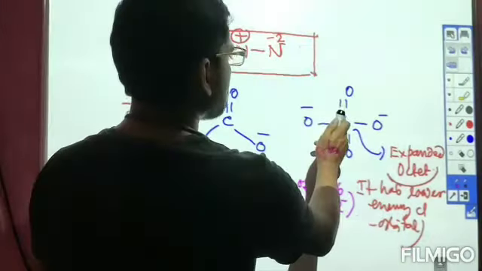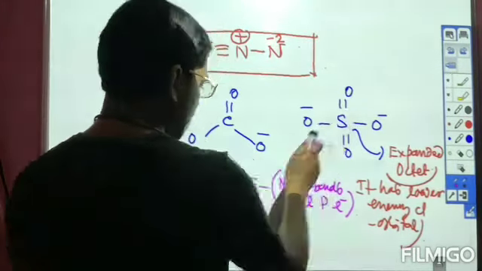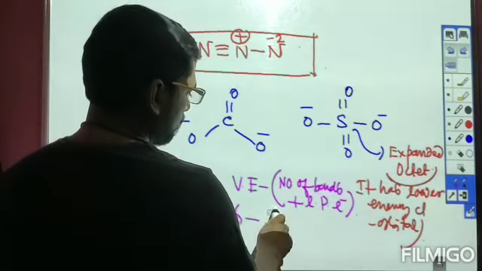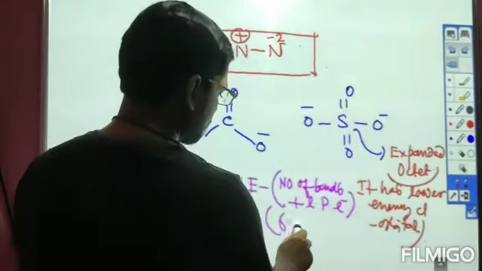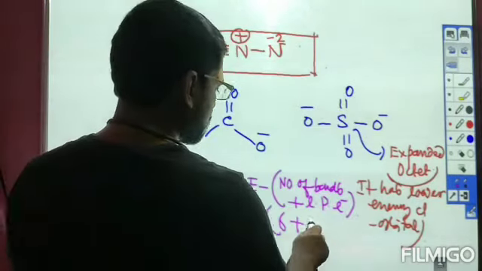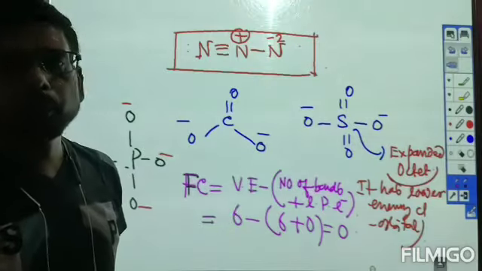So what will be the formal charge of the sulfur? Sulfur has 6 valence electrons. Number of bonds: 1, 2, 3, 4, 5, 6, so 6. It has no lone pair of electron, 0. So sulfur has no formal charge, it is 0.